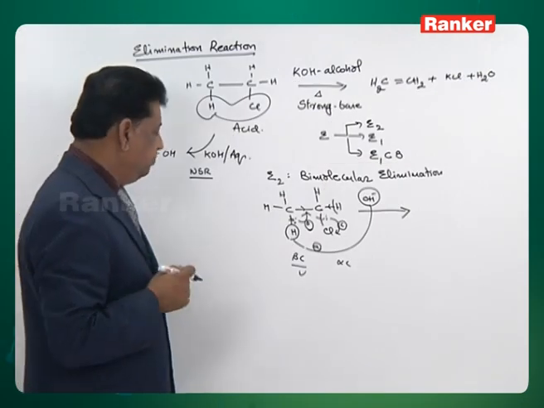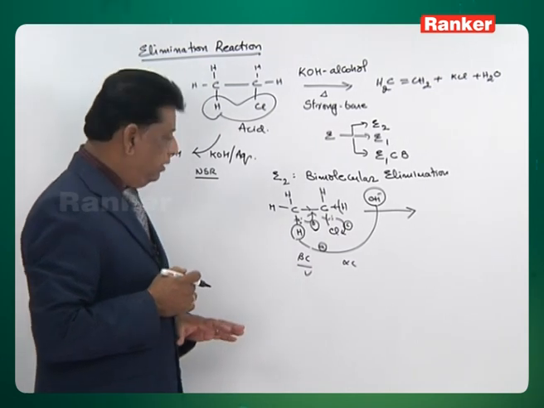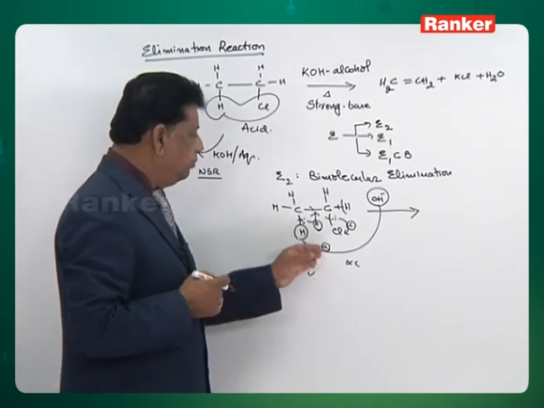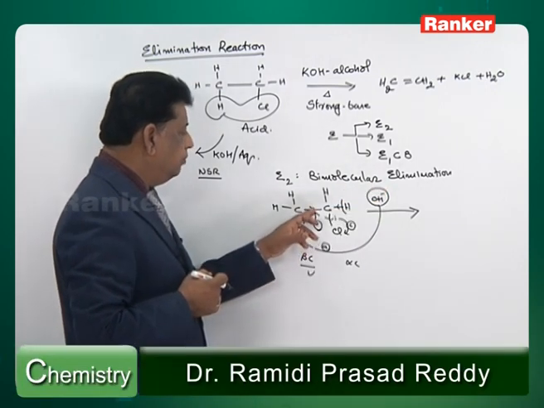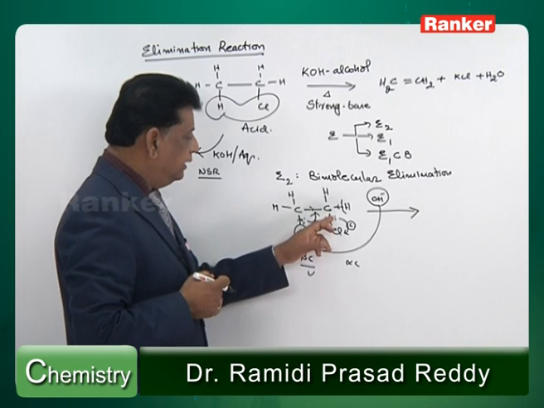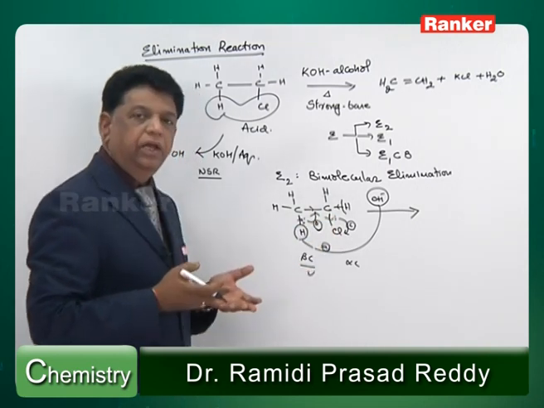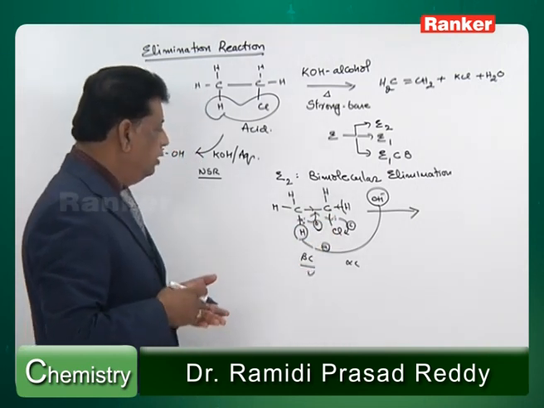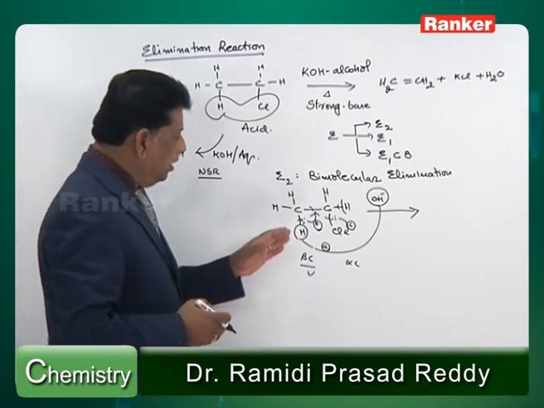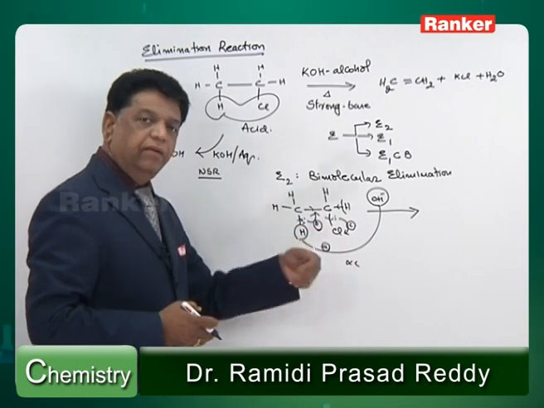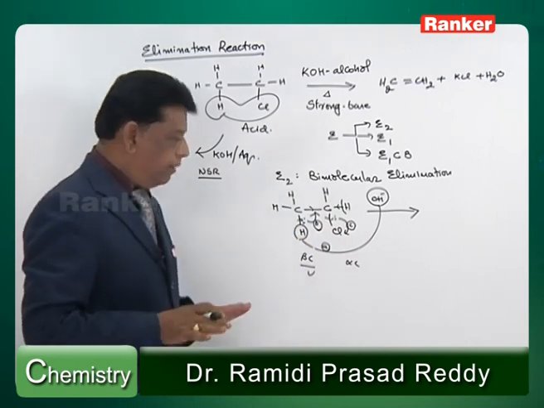It is possible; they synchronize because the H removal is by the OH minus, and these two electrons are pulled by this bond, and these two by this. They are not individual steps.